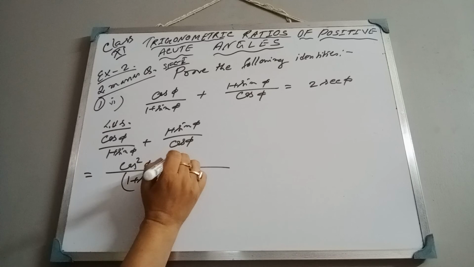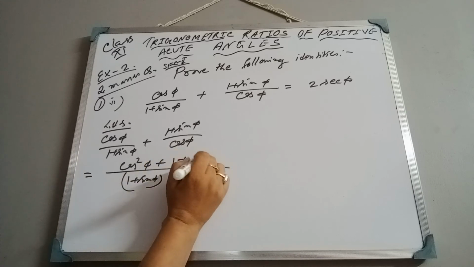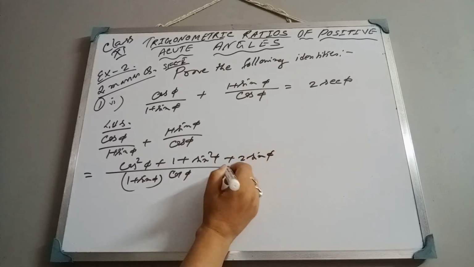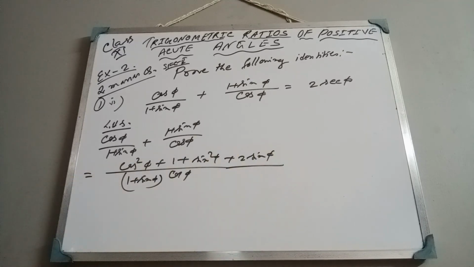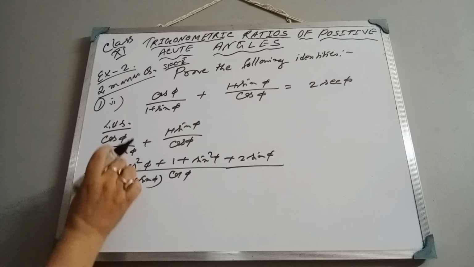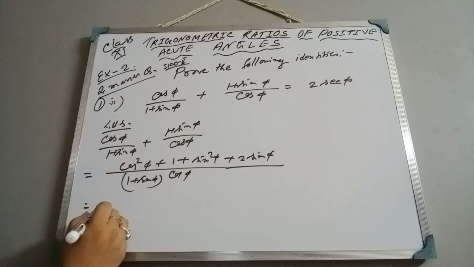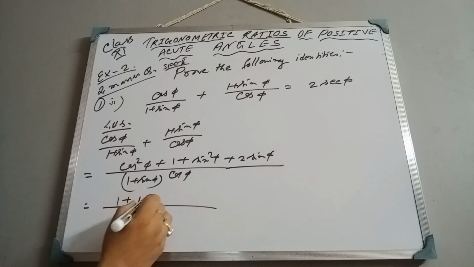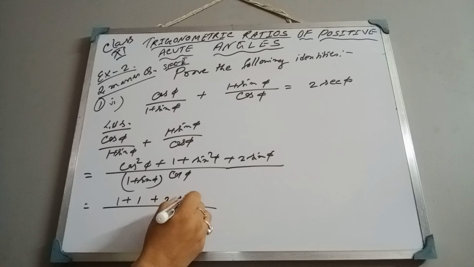So write it directly: 1 plus sin phi whole square means 1 plus sin square phi plus 2 sin phi, a plus b whole square. Now cos square phi plus sine square phi, this part again we will get as 1. So it is coming 1 plus 1 plus 2 sine phi.